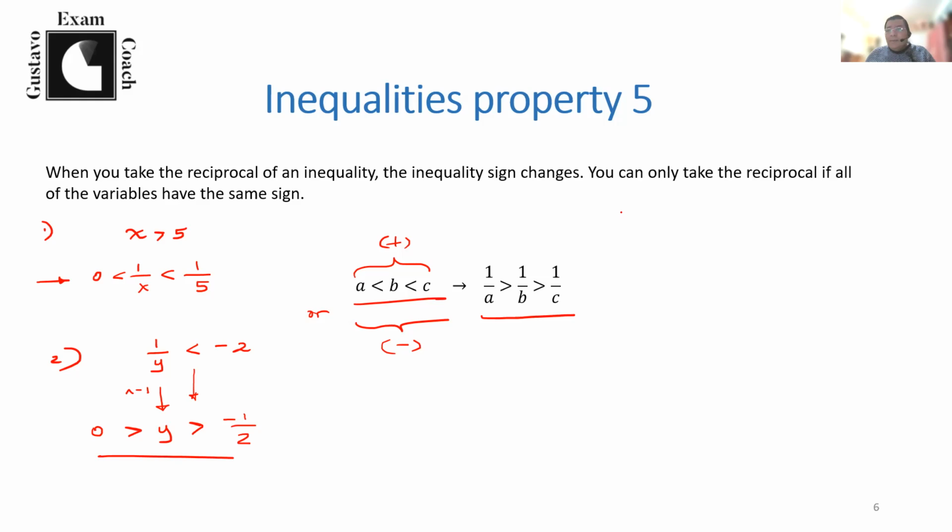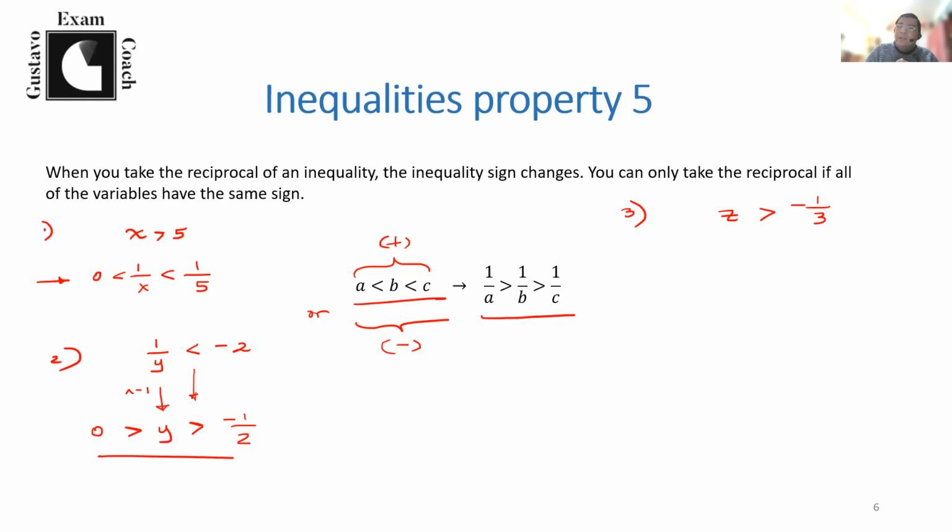Let's see another example. If they tell you that z, for example, is a number greater than -1/3. You can see that on the right side of this inequality, you have a negative number.